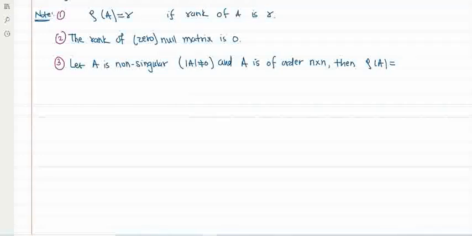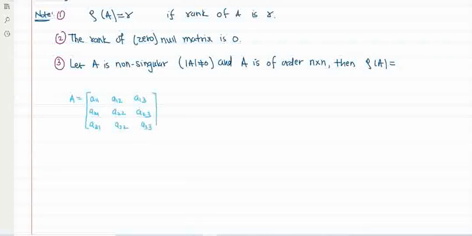Okay. So a little bit I will explain once again. I will take a particular example. Suppose A is a matrix of order 3 by 3. The elements are a11, a12, a13, a21, a22, a23, a31, a32, a33.